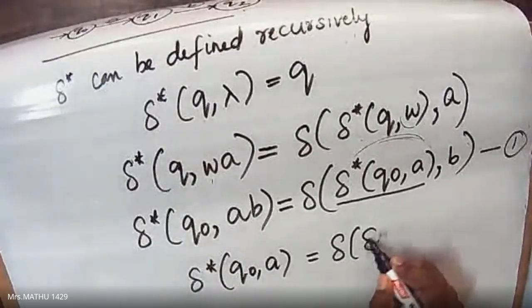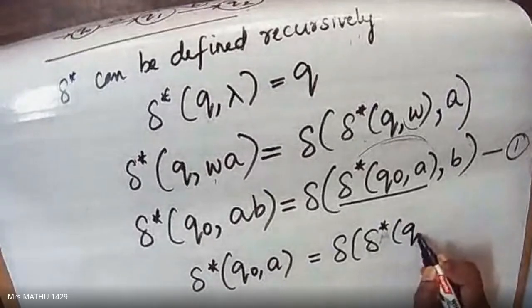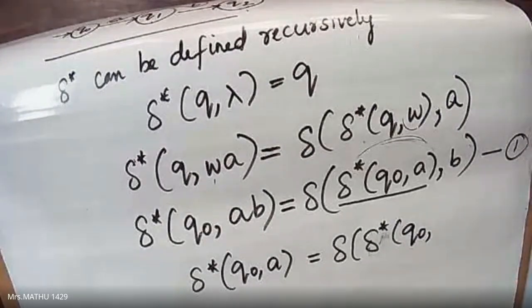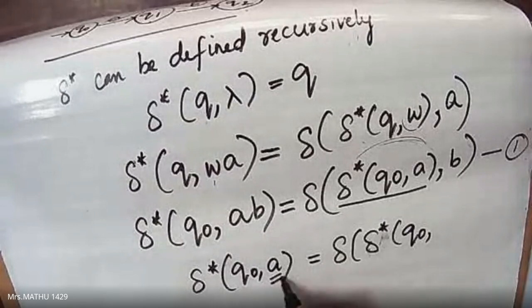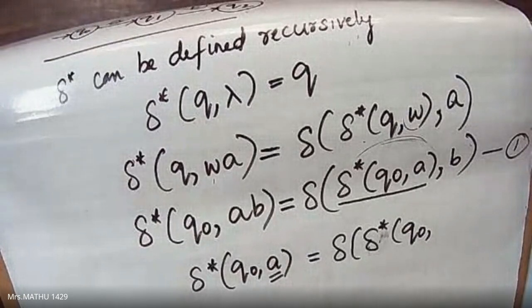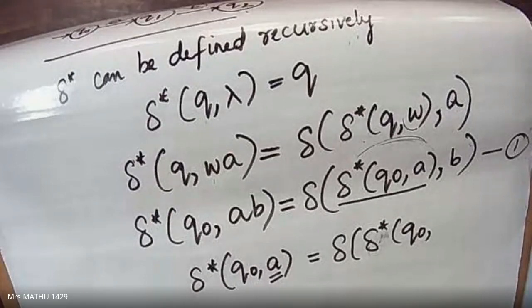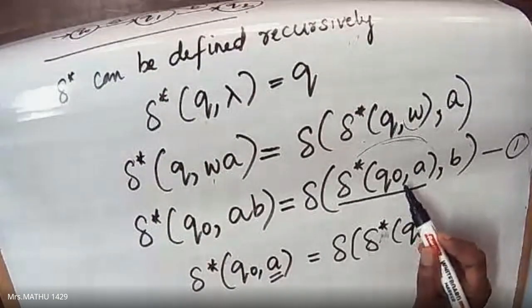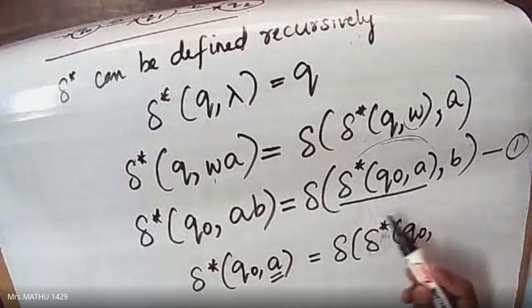Delta of delta star of q naught comma. Now this input symbol cannot be split anymore. There is only one input symbol. Until you have one input symbol, you keep on reducing it. Your input string may contain 4 or 5 input symbols, whatever the number, you just keep on splitting it.